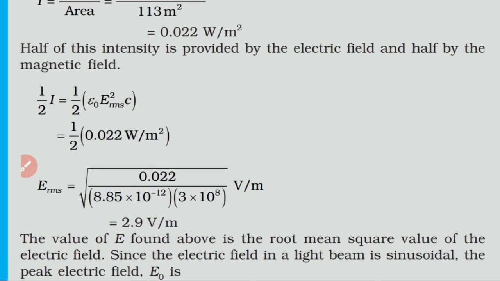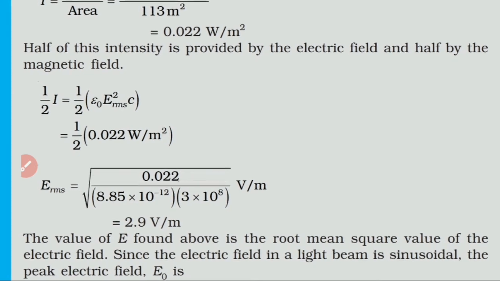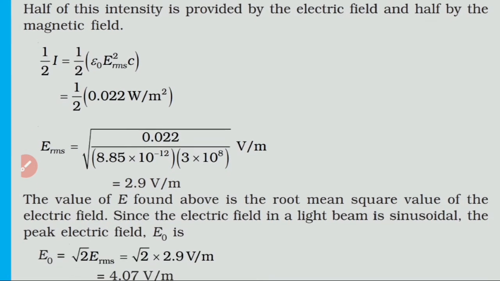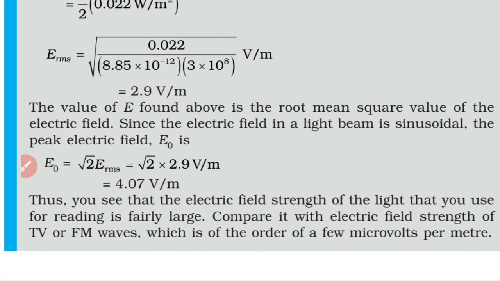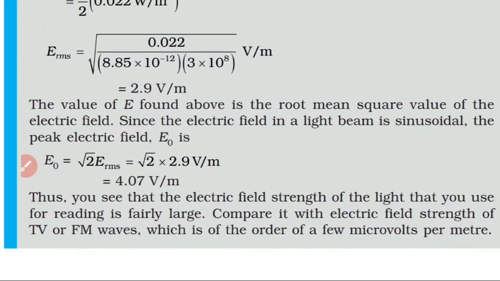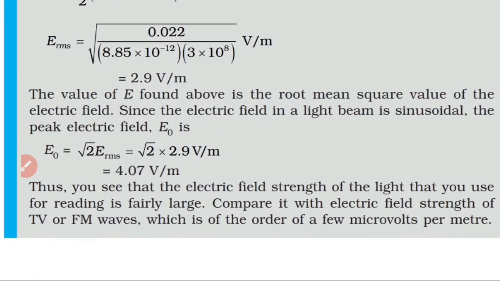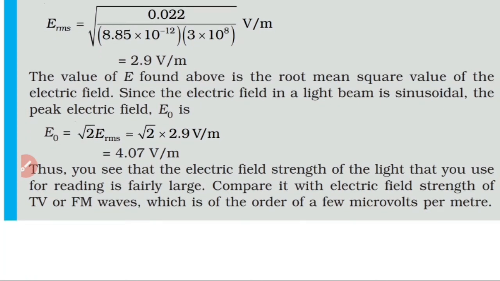So rearranging that equation, we will get E RMS as 2.9 volt per meter. Getting E RMS, we can find the maximum value, that is the amplitude of the electric field, as E0 equal to root 2 into E RMS. So we will have 4.07 volt per meter.